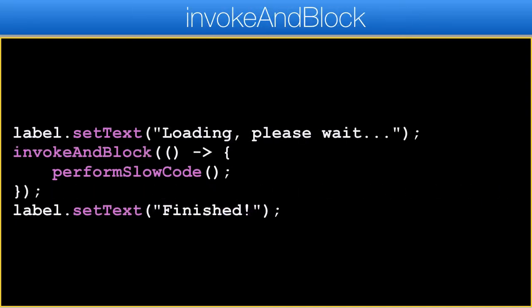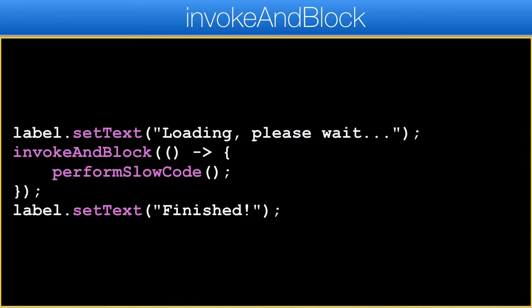One approach to offload processing is invoke and block, which spawns a thread while blocking the EDT in a non-disruptive way. This makes development very convenient as you can avoid nested callbacks. However, invoke and block is more expensive in terms of performance than a regular thread and callback approach.